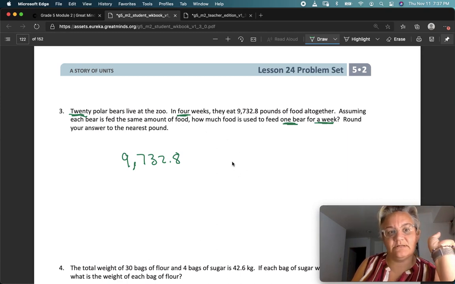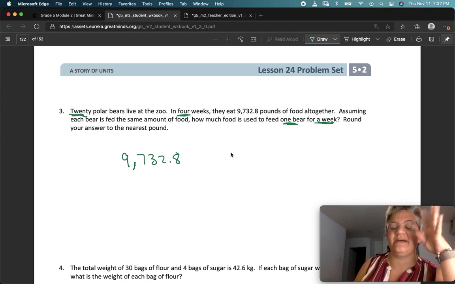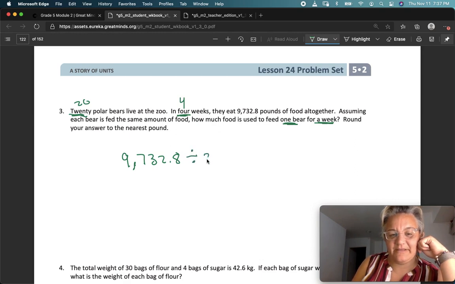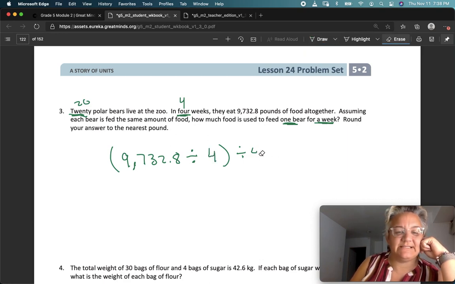The choice is yours, because whatever answer you get, you're going to divide by the other number. Okay, so 4 and 20. So what we're really saying is we're going to take this number and divide it by 20, and then whatever that number is, we're going to divide it by 4. Okay, makes sense? You could switch these around if you wanted. You could say divide this number by 4, and then divide the whole number by 20. It doesn't matter either way, but this is the expression, okay?